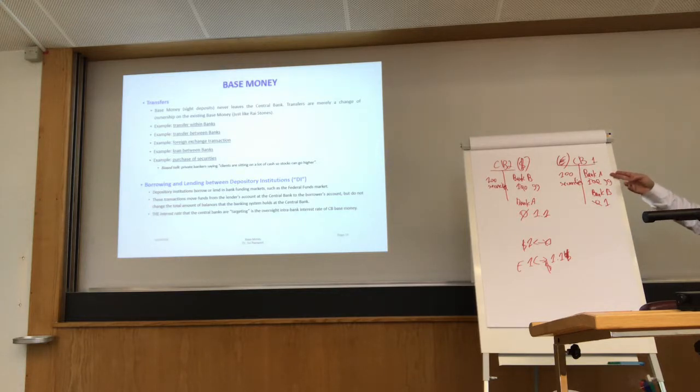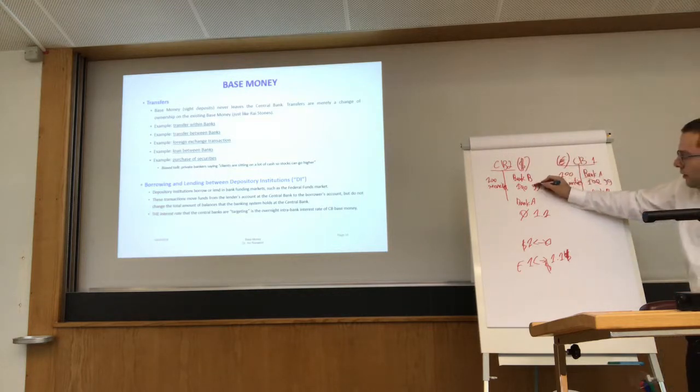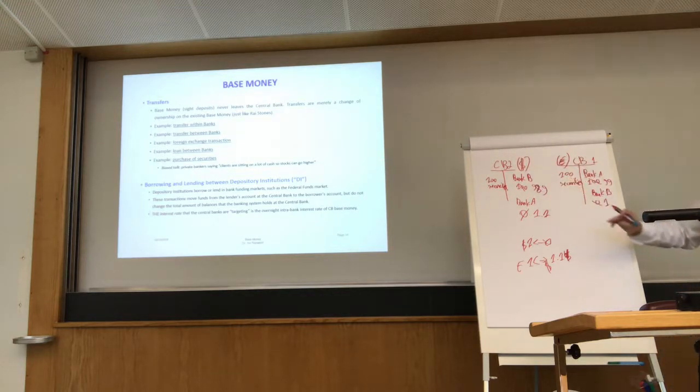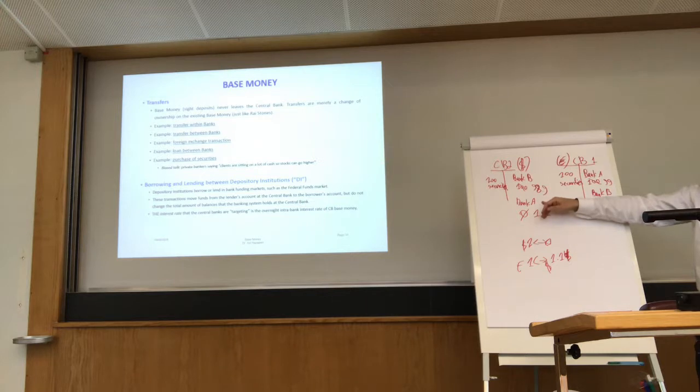Bank A sold 1 euro to Bank B. So now it told the ECB to transfer 1 euro from the deposit account that he has. He had 100, now he has 99. Where'd that one go? To Bank B. 1 euro. And at the same time, Bank B told the Federal Reserve to send $1.1 from its account with the Federal Reserve to Bank A. And now the 1.1 went here. Okay?